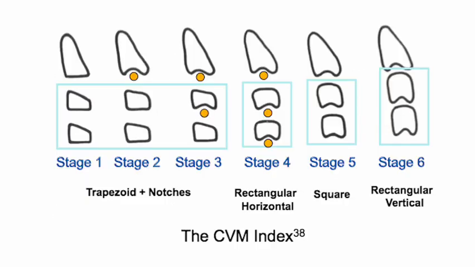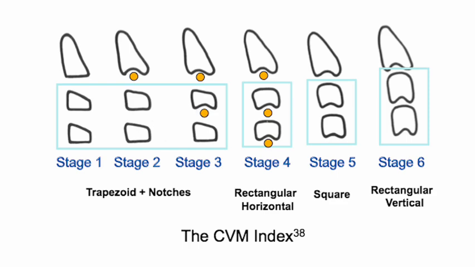So just to recap, the progress from stage 1 to stage 6 is defined by the inferior borders of C2, 3, and 4, and then also the morphology globally of C3 and 4. So the first 3 stages you can ignore for the most part the morphology of 3 and 4, because the key differentiators are the inferior borders.